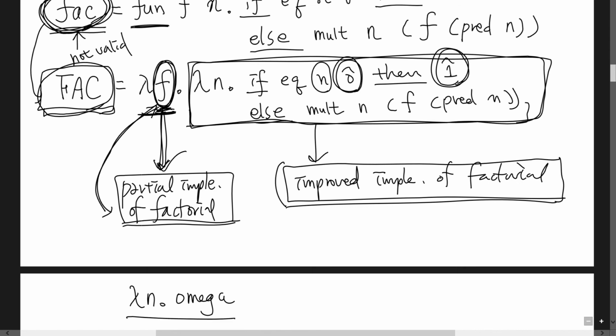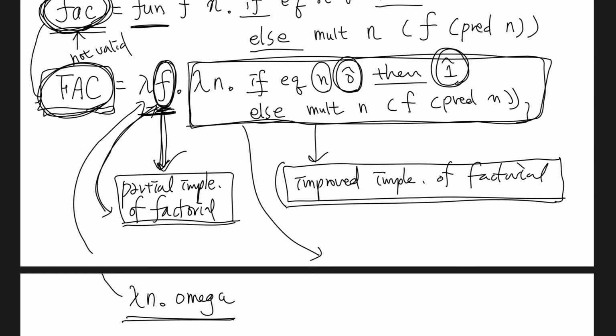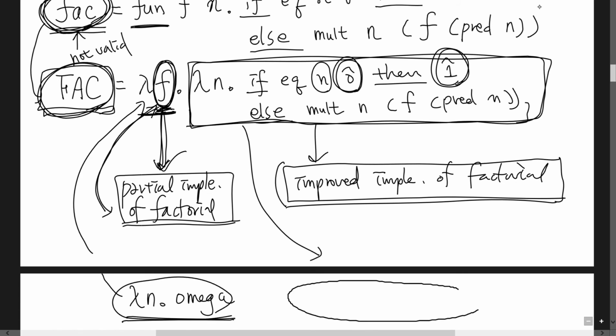Now what happens if you provide this as an argument to the capital factorial function? You get back another function, an improvement over this one, and it calculates factorial correctly up to 0. So it's a slight improvement.